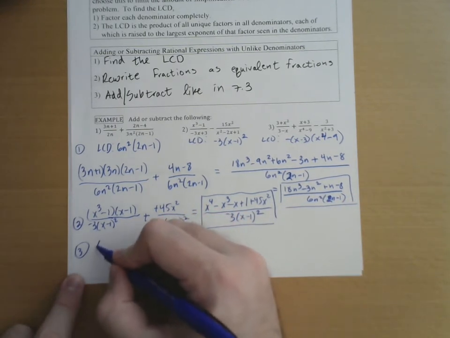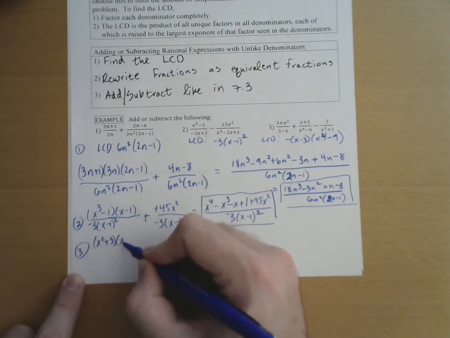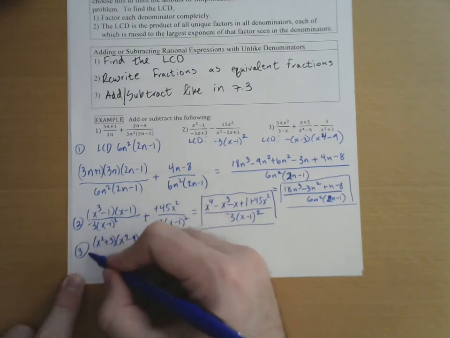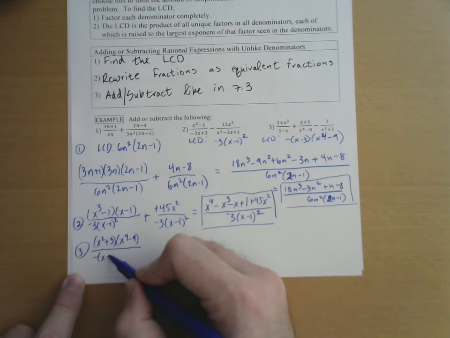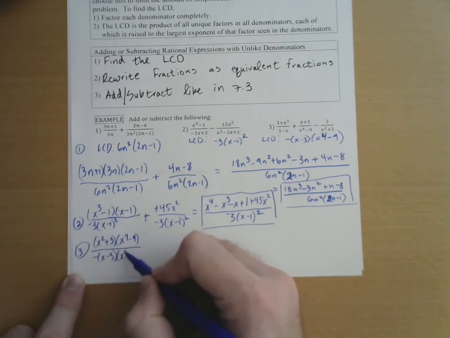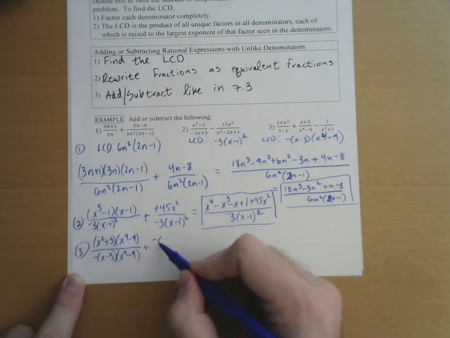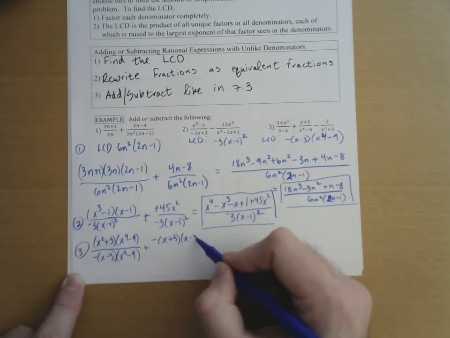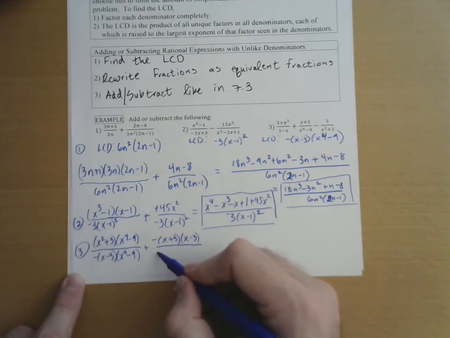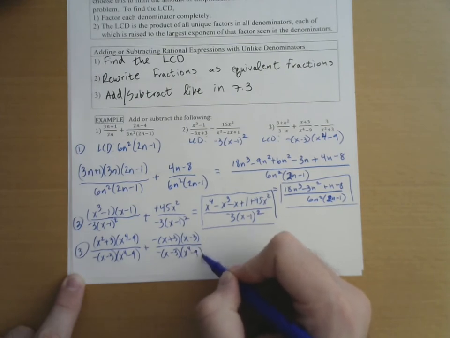So the first one was x squared plus 3 times the quantity x to the fourth minus 9 over negative x minus 3 times x to the fourth minus 9, plus negative x plus 3 times x minus 3 over negative x minus 3 times x to the fourth minus 9.